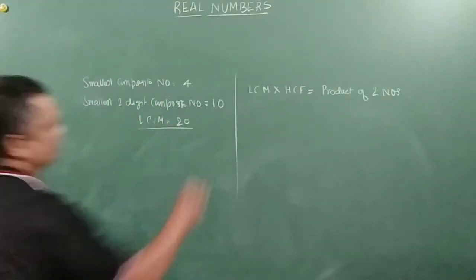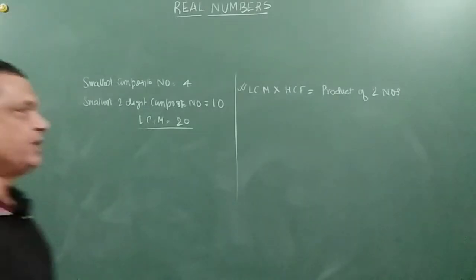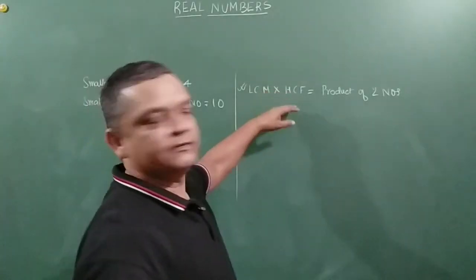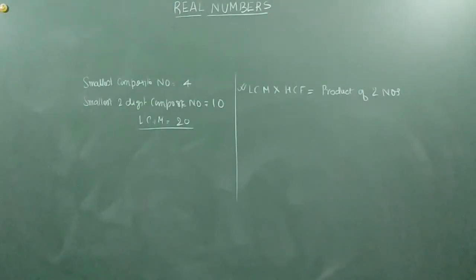So this is an important concept. There are problems which appear in the board examination on the basis of this concept, which we will get cleared in the next 1 or 2 examples.